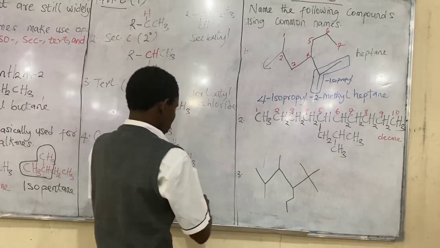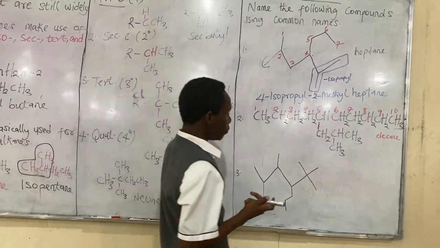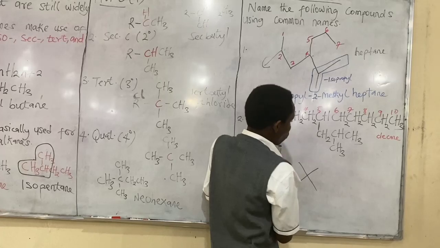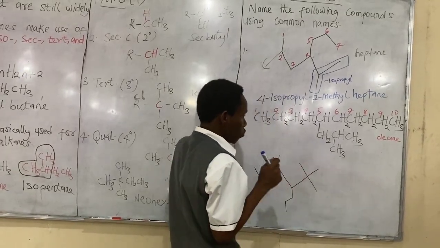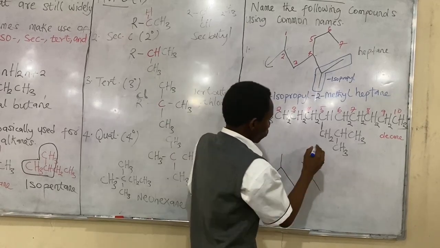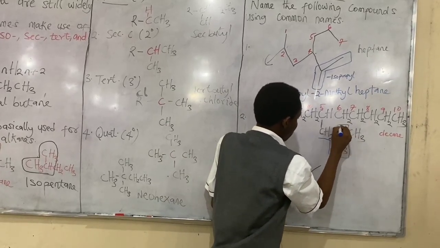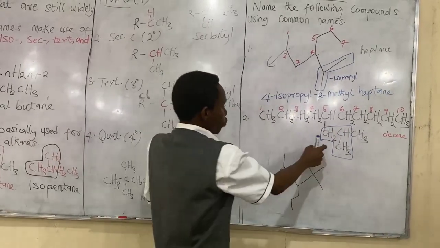The substituent here, using our blue marker. We have this particular substituent on carbon 5. We don't want to use the IUPAC method. We want to use the common name. So we have something like this. What should this bring to your mind?